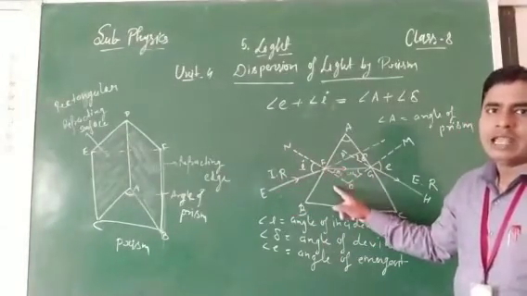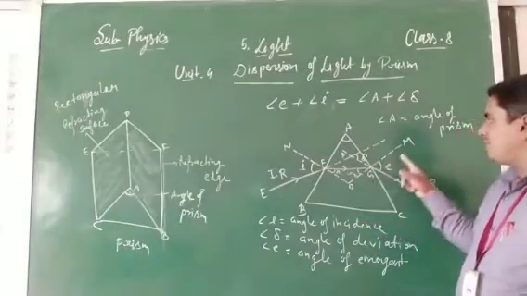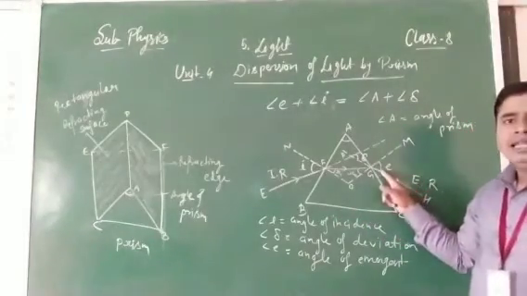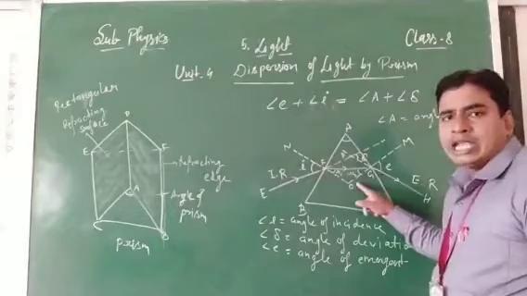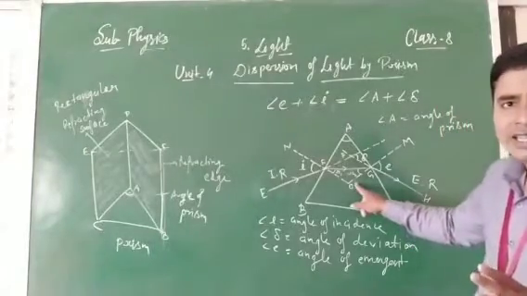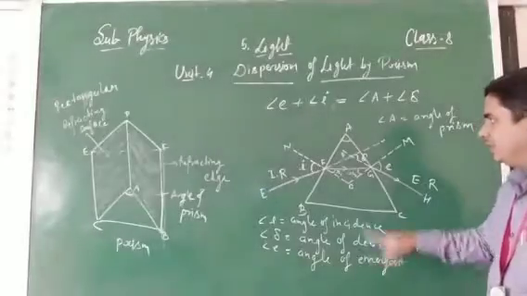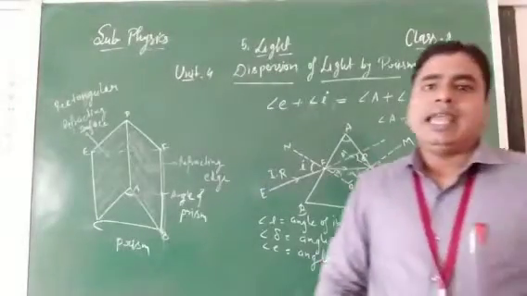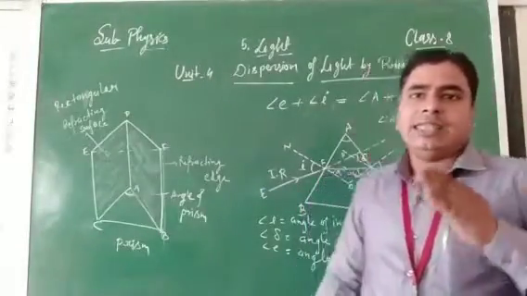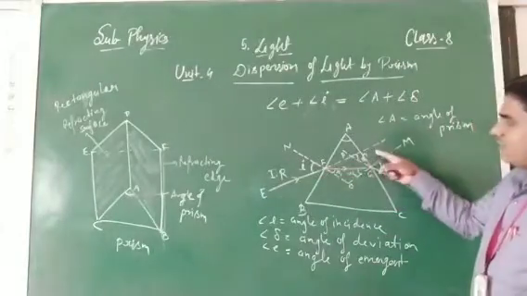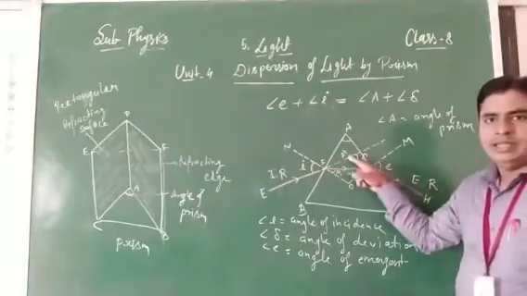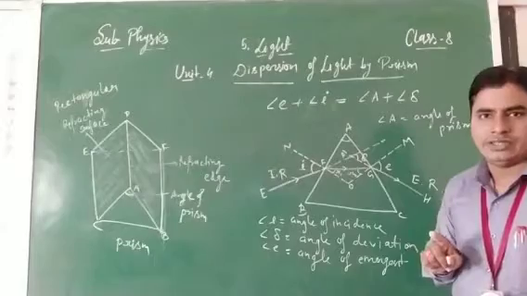Angle of emergence is the angle between the second normal MO, at the second refracting surface, and the emergent ray. Angle of deviation is the angle between the incident ray and the emergent ray.